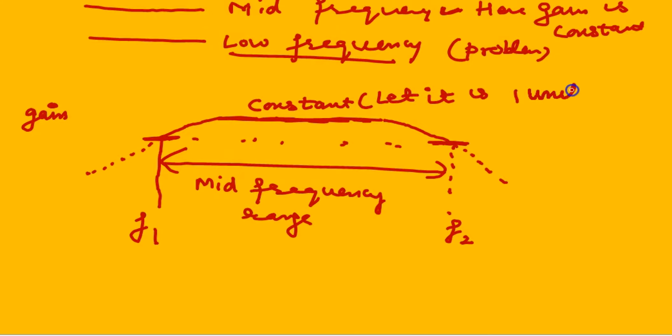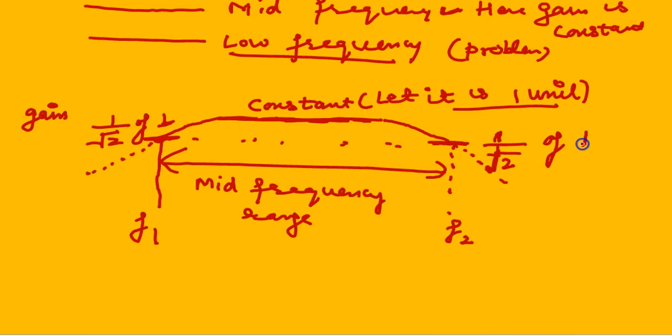Let the constant gain be 1 unit. F1 is defined as the frequency where the gain falls to 1/√2 times the gain at the mid frequency.